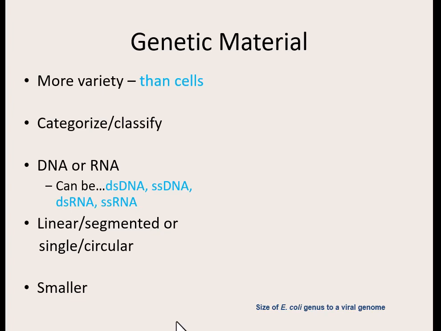Some RNA is also linear in little segments. The flu virus has several segments of genetic material. And some viruses just have one single circular band of genetic material. So we use whether it is linear and segmented or singular and circular to help organize them, but they don't have a lot of genetic material.